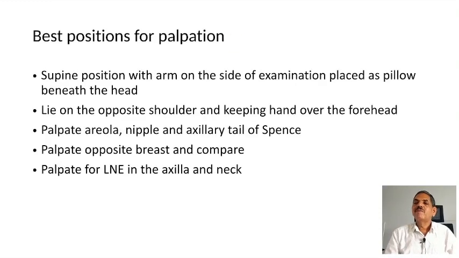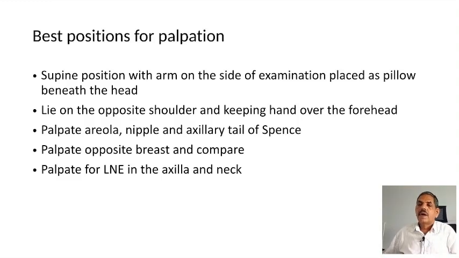Best position for palpation is the supine position, with the arm on the side of examination placed as a pillow beneath the head, lying on the opposite shoulder and keeping the hand over the forehead. Next, palpate beneath the areola, nipple, and axillary tail of Spence.